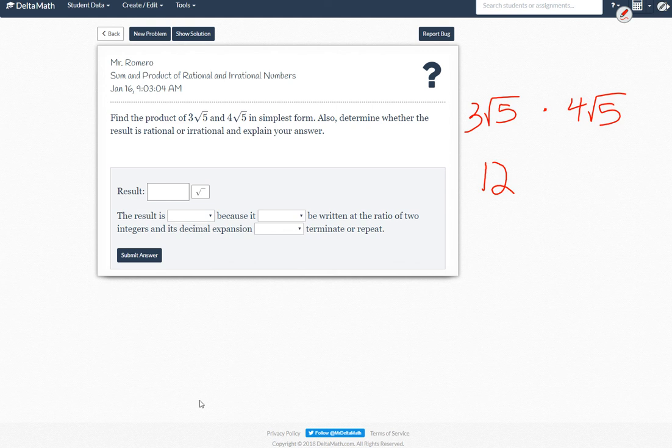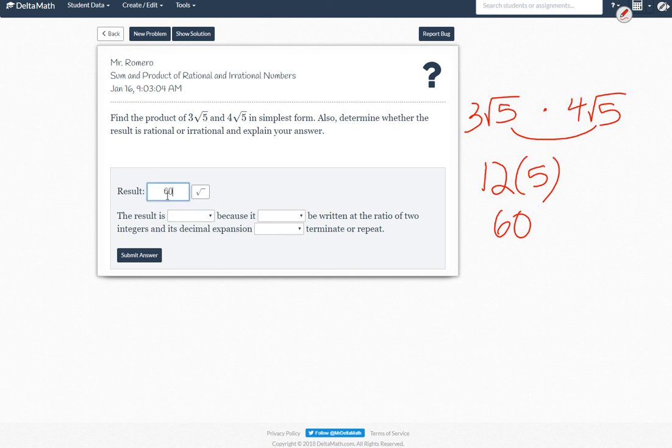And on the inside, you could say that 5 times 5 is 25, or if you learned something yesterday, what's the shortcut I told you? If you are lucky enough to multiply the same radical with itself, just the number on the inside with no square root. What is 12 times 5? It is 60. So that's the first part. The result here is just going to be 60.